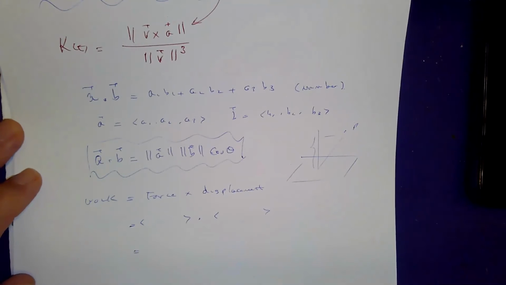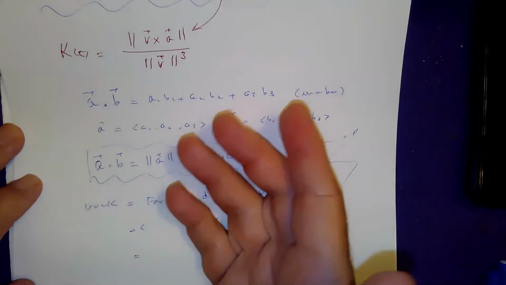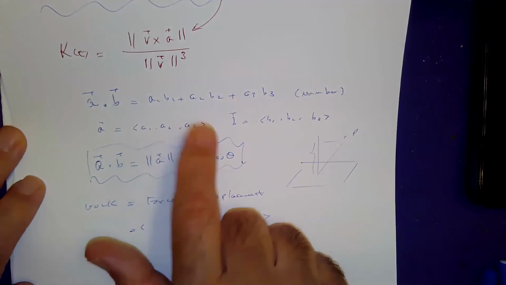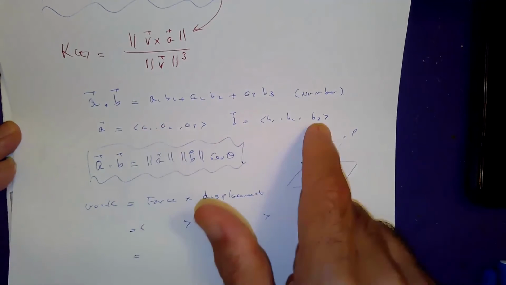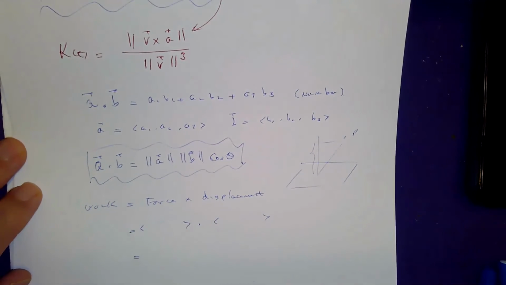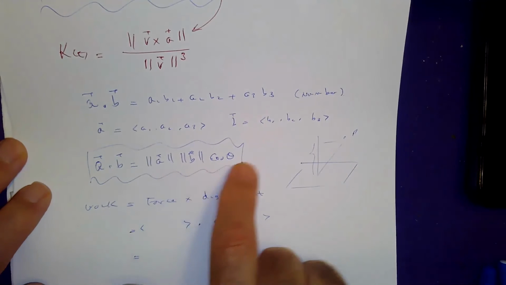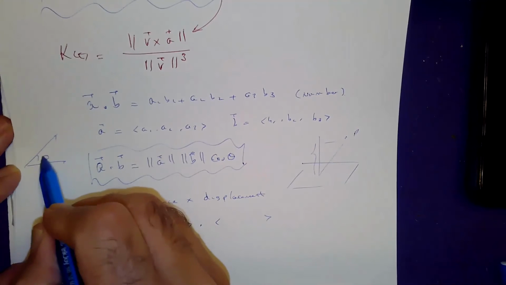So to answer your question, which is a very legit question, and thank you for that, unfortunately, it's just a number. Whereas you're right, cross product is a vector which is perpendicular to both, but the dot product is just a number. It doesn't really have any geometric interpretation besides the fact that it is related to the magnitude of the vectors and the angle between them in this fashion.